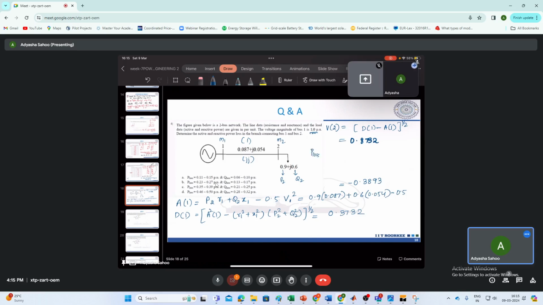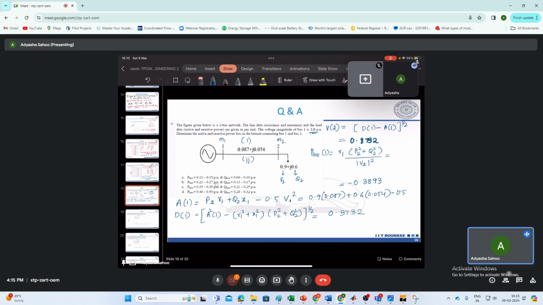P loss in branch 1 is R1 into P2 square plus Q2 square divided by V2 square.